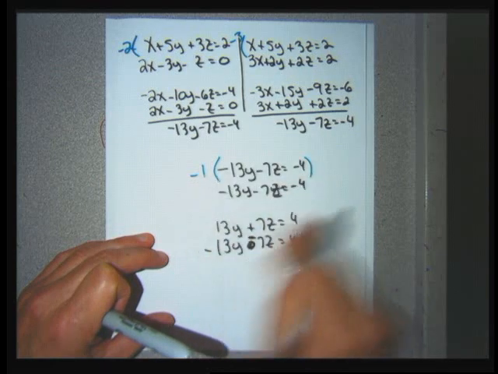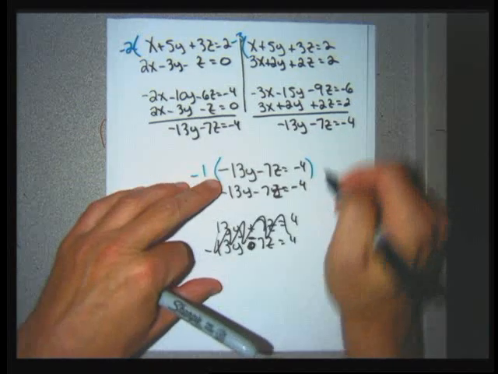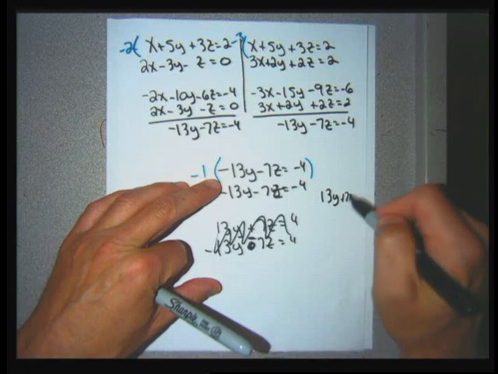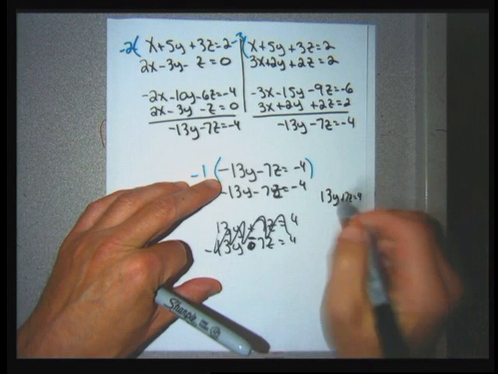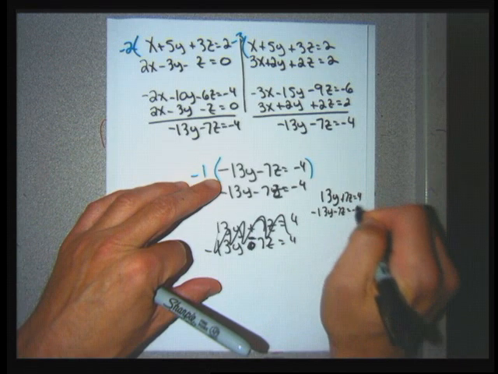Top turns into all positives, bottom stays all negative. So the top turns into 13y plus 7z equals 4. The bottom stays minus 13y minus 7z equal to minus 4.